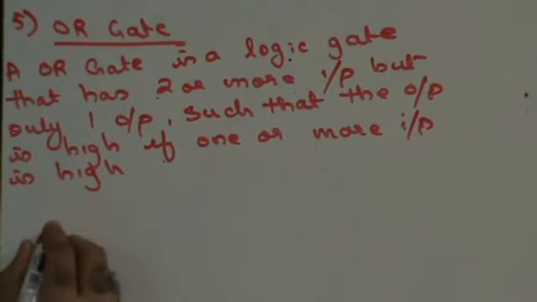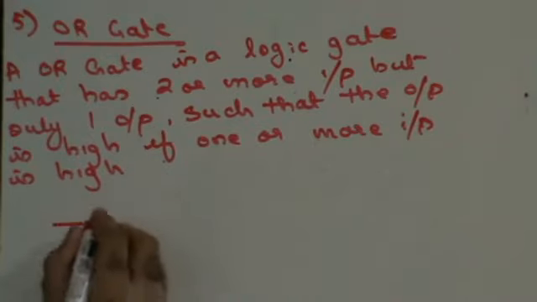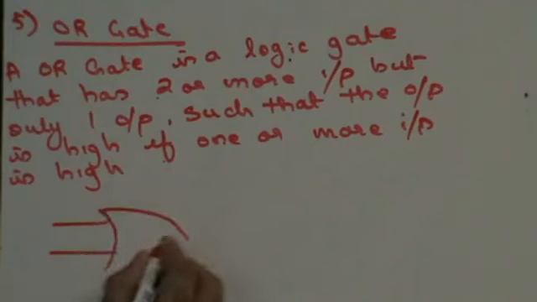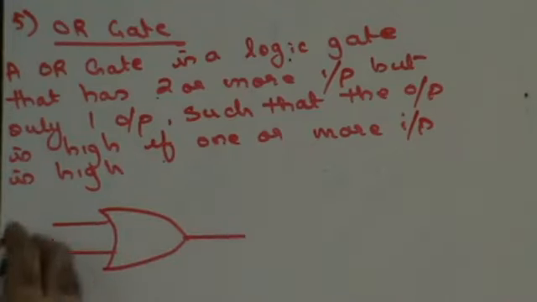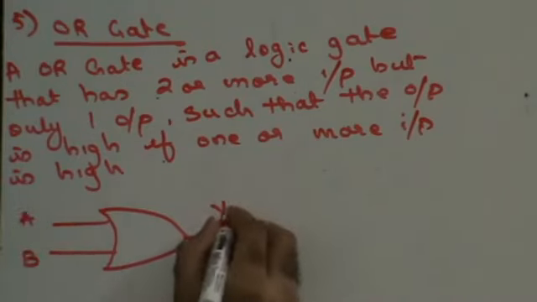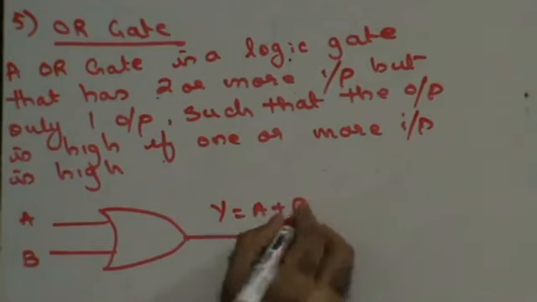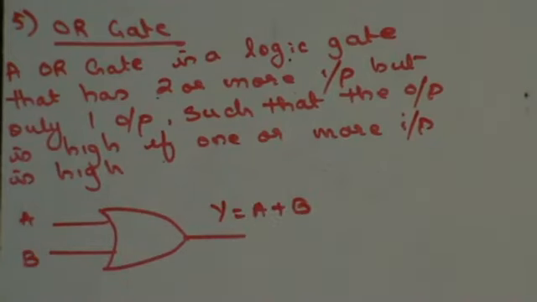Now how do I draw an OR gate? It has two inputs. Symbolically, this is how you represent an OR gate. This is your symbol for the OR gate, where you have two inputs A, B, and you have output Y, which will be A plus B. Fine. In terms of its electrical circuit, an OR gate is nothing but a parallel circuit.